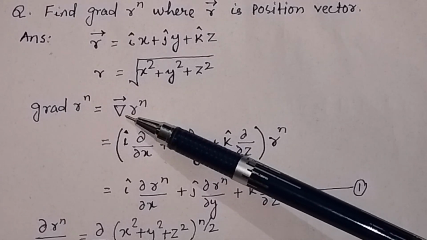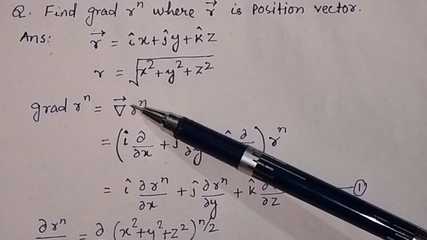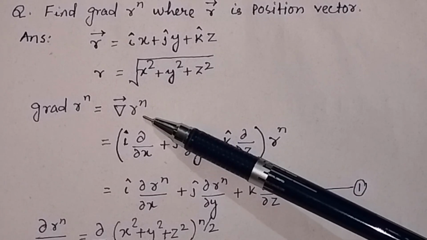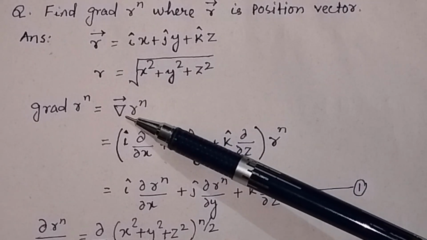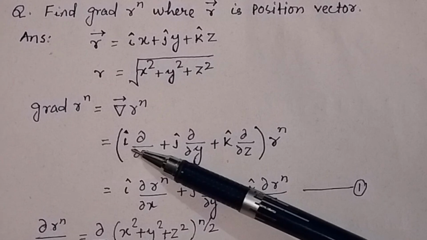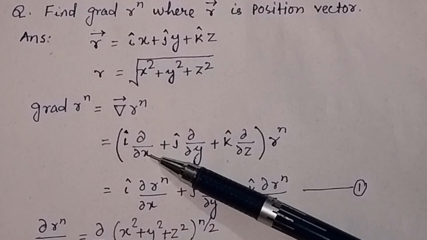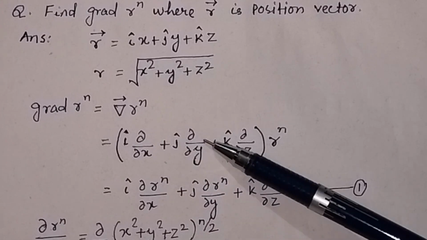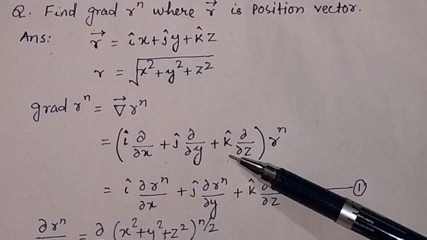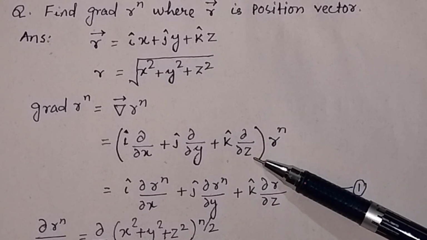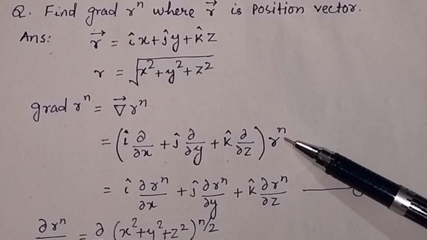And here the del operator operates on r to the power n. We know del operator is i cap partial derivative with respect to x plus j cap partial derivative with respect to y plus k cap partial derivative with respect to z of r to the power n.